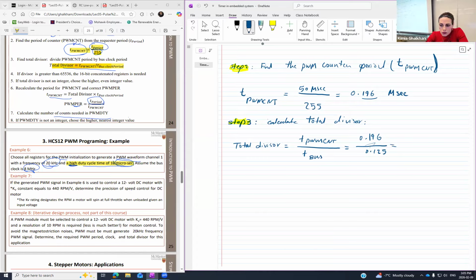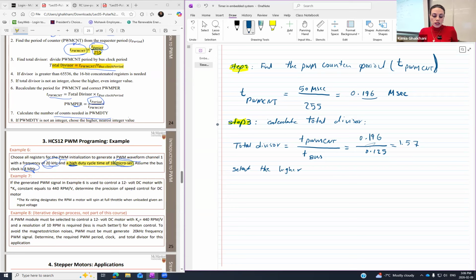Then this is going to be, no, actually it's 1.57. Now, I can calculate or I can select the higher possible integer for total divisor. Do I have 1.57? Yeah. No. We have to round it. So in order to select, I have to select the higher.